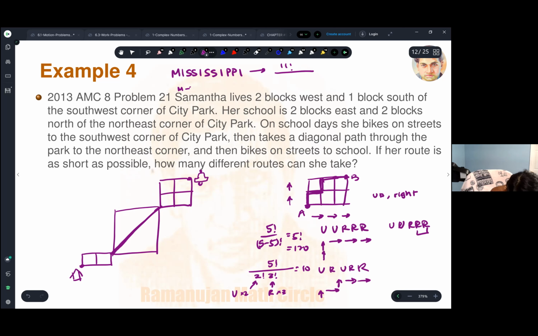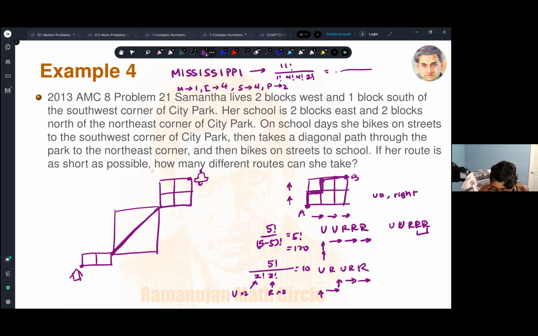M occurs once, I occurs 4 times, S occurs 4 times, and P occurs 2 times. They should all add up to 11. So you divide by 1 factorial, 4 factorial, 4 factorial, and 2 factorial, and you get a certain answer. That's why this is a really important concept.